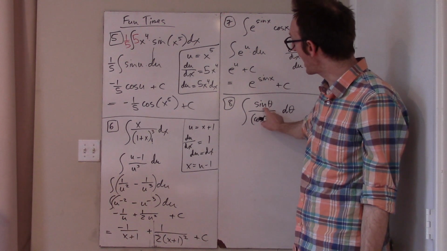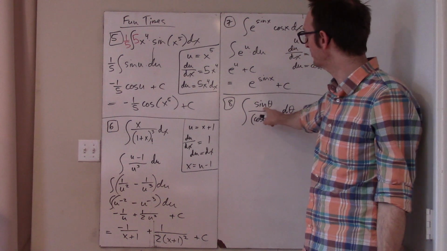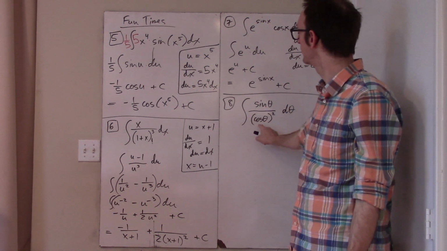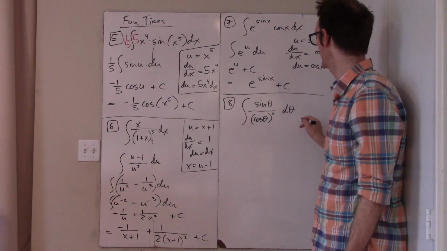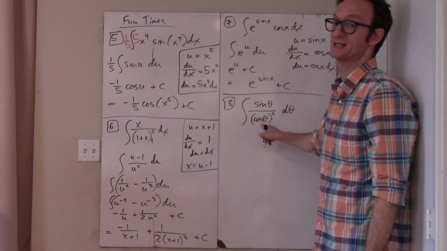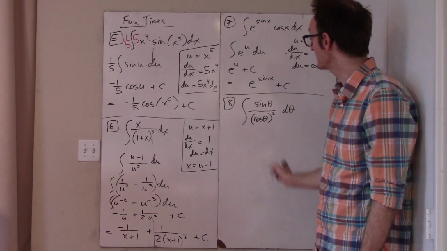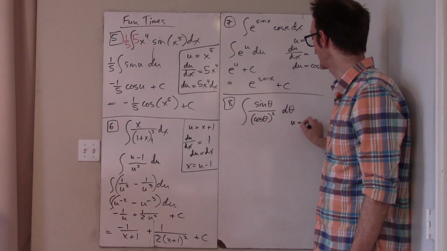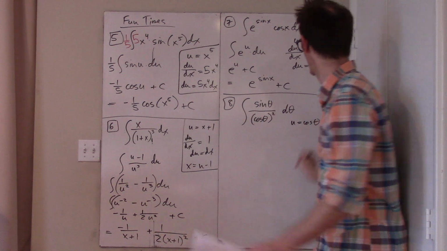And this sine up here, you need to train yourself to recognize as the thing that comes from differentiating cosine. In particular, the derivative of cosine is negative sine. So give or take a constant, that really is just the derivative of that. That suggests that we should let u be cosine theta.